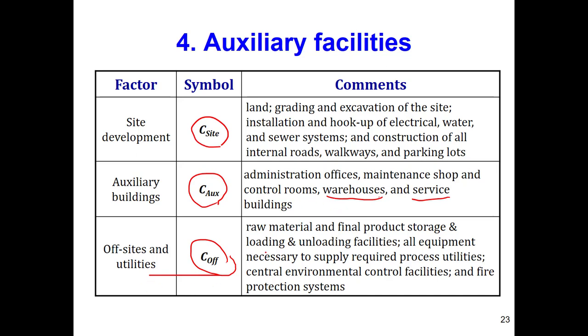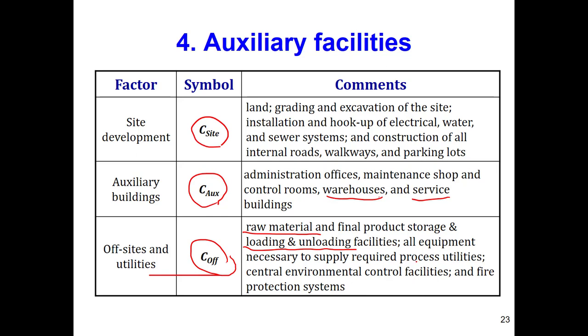Offsite and utilities. We need to also build some sites for storing raw material and final products. Loading and unloading facilities all need a special design. We need special buildings for this purpose. The equipment that needs to be supplied requires process utilities. Sometimes we need to produce our water on the site.